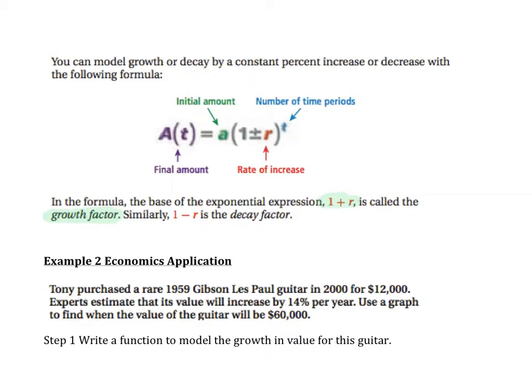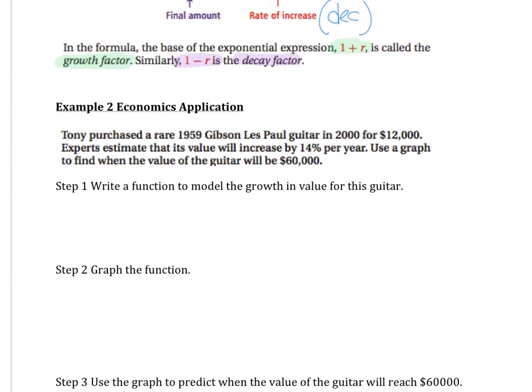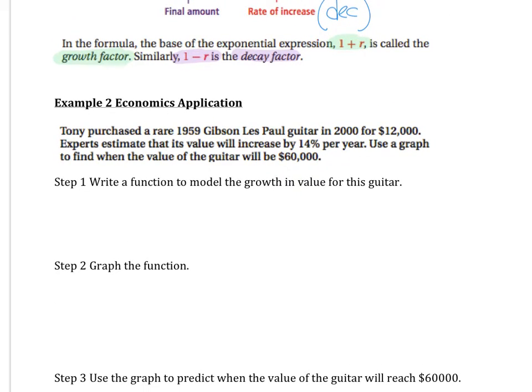When I subtract, it's a decay factor. The generic form is that we write A of t equals our initial amount times 1 plus or minus that rate as a decimal raised to the t power. Okay, in Desmos you can't use t's, you use x's.